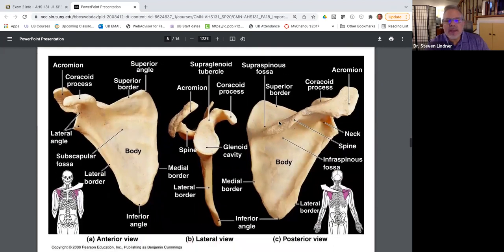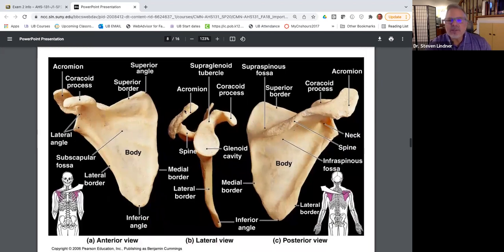Okay, now let's look at the scapula. Now, it looks like there's a lot going on here, but I'm going to help you organize the studying for this because there are many landmarks, and you can write these down.